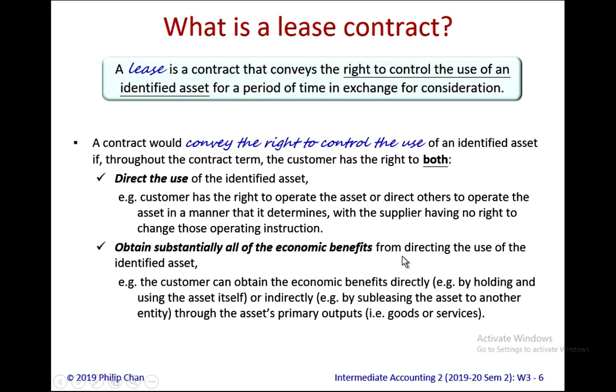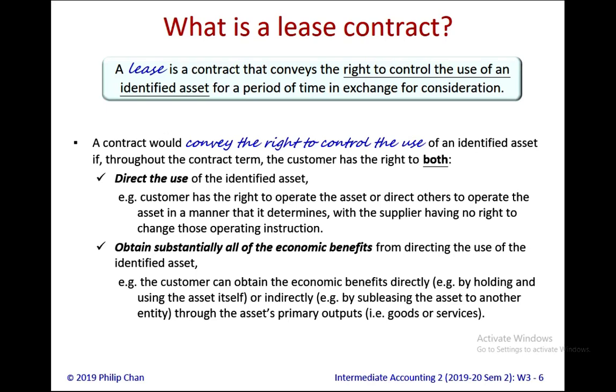So this is the very fundamental concept. You should be able to identify a specific asset within a contract to be used by the lessee. Secondly, the lessee should have the right to control the use of that asset.